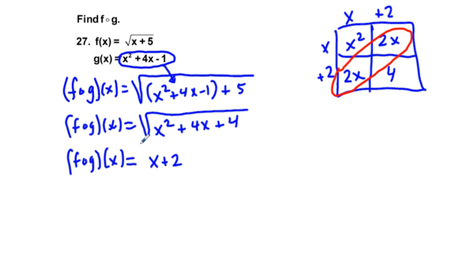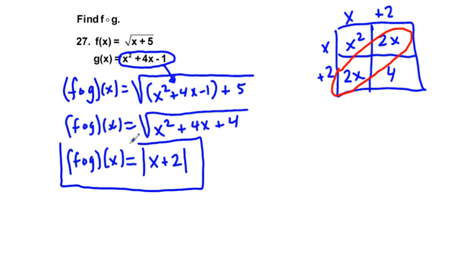But we have to know, just like we did in problem 23, that we're going to have an absolute value. Why? Because this quantity down here is never going to be negative, so we have to set that out in advance. So this can be our answer for problem number 27.